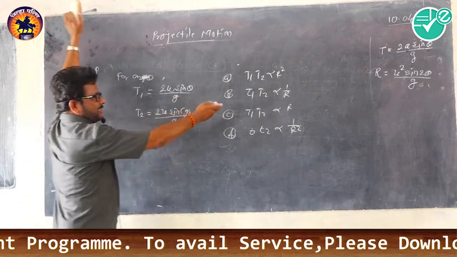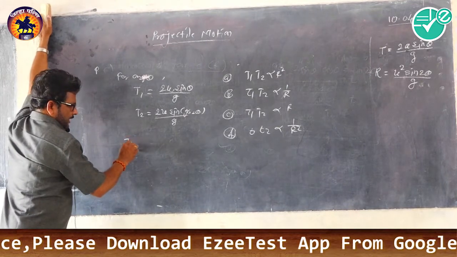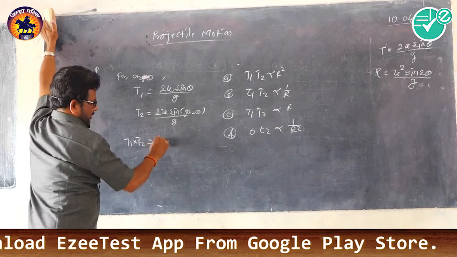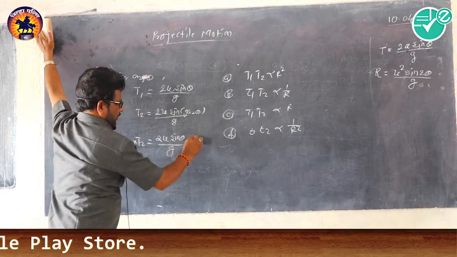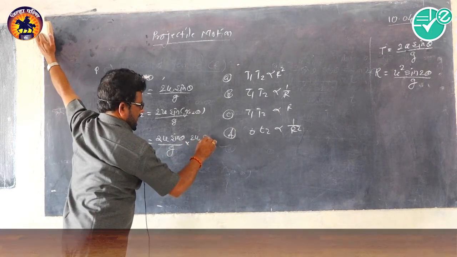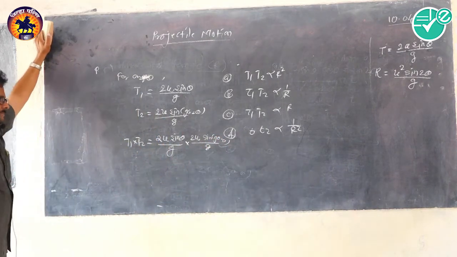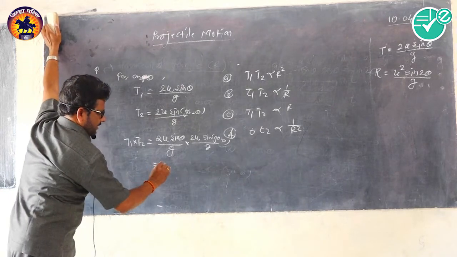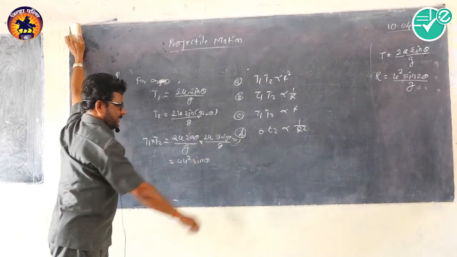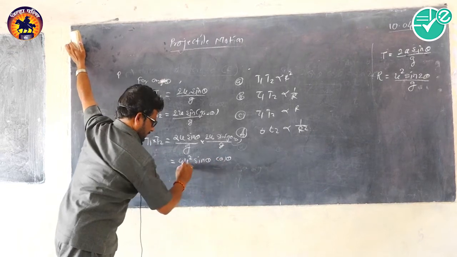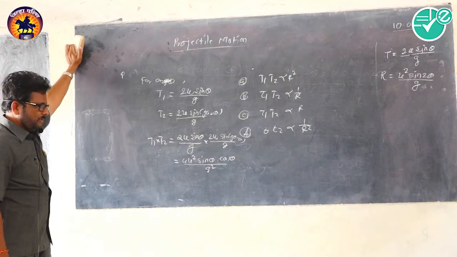We have to find the relation between the product and the range of the projectile, and therefore t1 into t2 is equal to 2u sin theta upon g into 2u sin 90 minus theta upon g. We can write this as 4u square sin theta, and sin 90 minus theta is cos theta, divided by g square. 4u square sin theta cos theta upon g square.